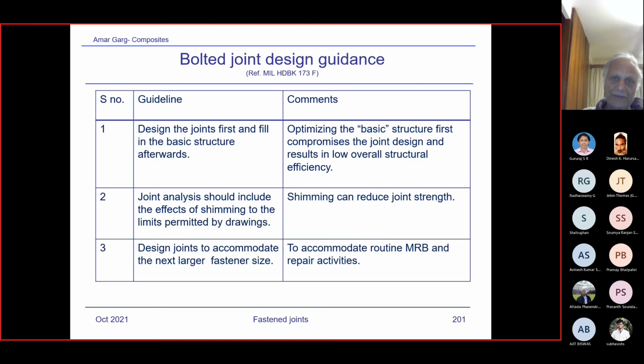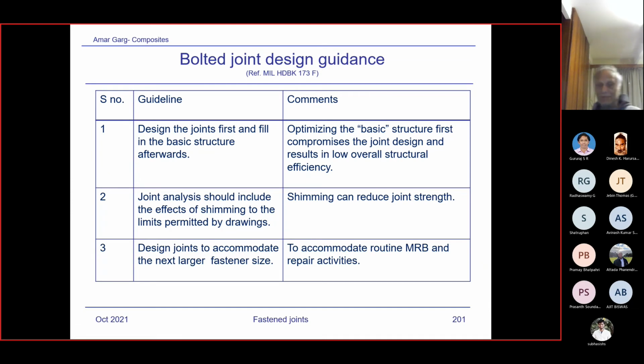Now, I'll just quickly run through the guidance. Most of the guidance I already talked about, but it is just a summary, which I have taken from your handbook 17. So design the joint first and fill in the basic structure afterwards. Why we say that?